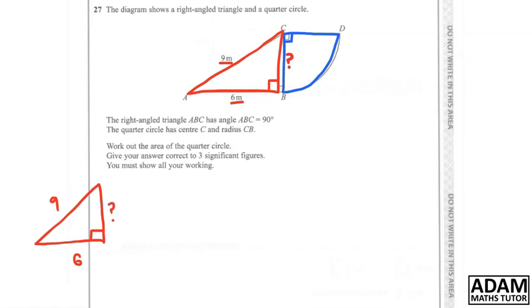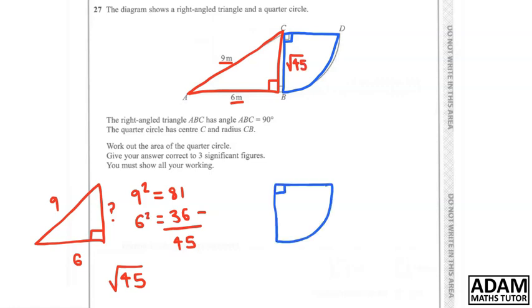So using Pythagoras, I can square the lengths. 9 squared is 81, 6 squared is 36. Because I'm finding a shorter side, I can subtract, which is 45, and that tells me that the length would be the square root of 45. Now I know that this length is root 45. I can now use this to find the area of the quarter circle.